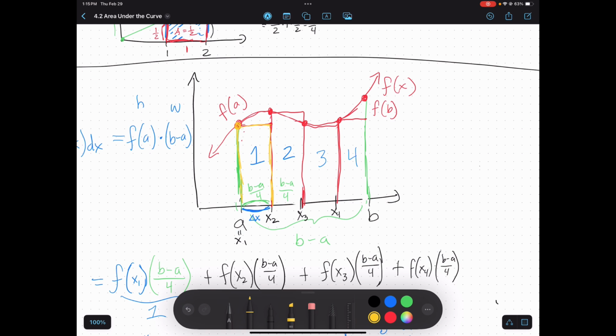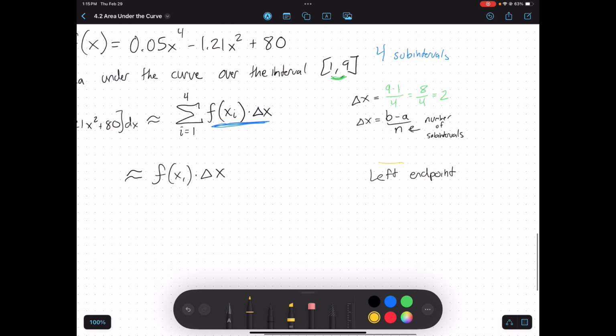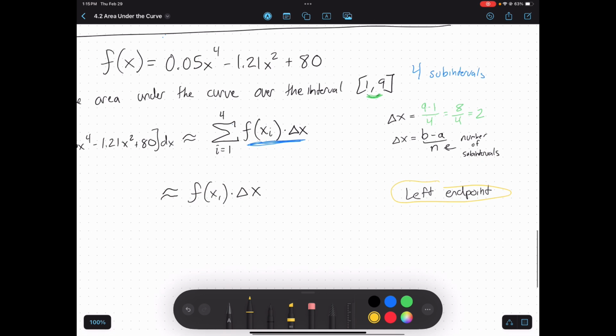We used the left side of the rectangle, we use the function value from the left side of the rectangle to determine the height. So that's what it means by using the left endpoint, is we're going to use the left end of the rectangle, or we're going to use the left point.